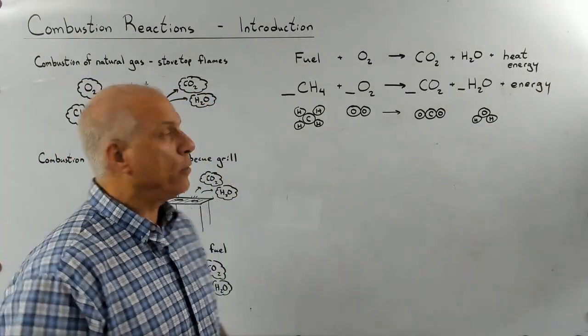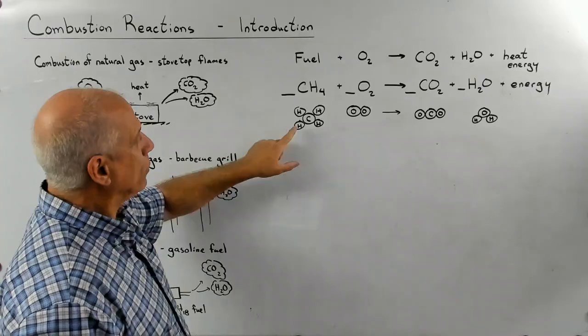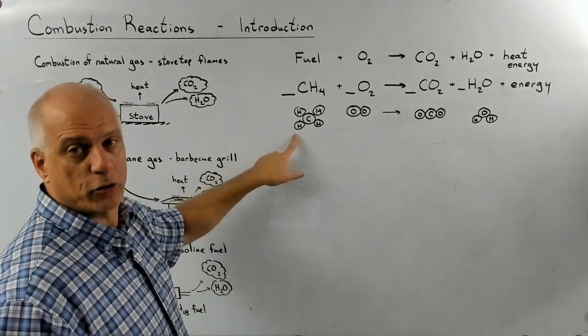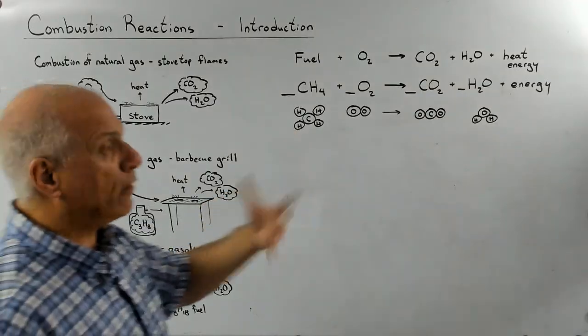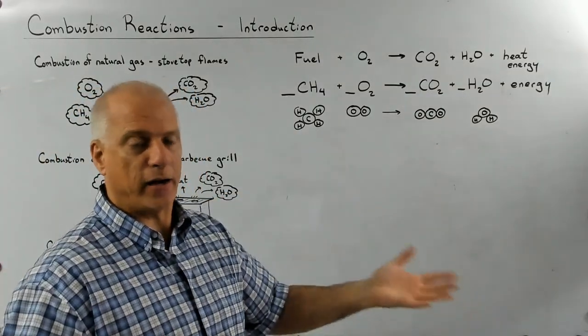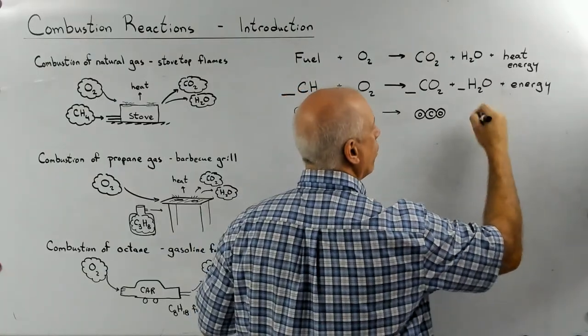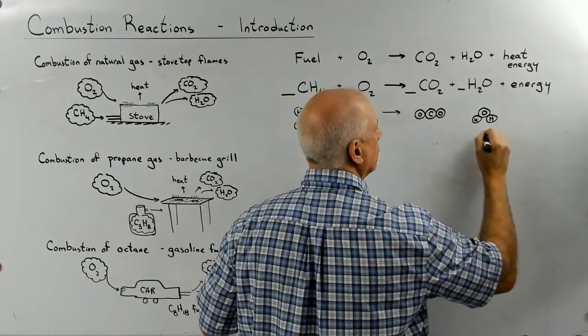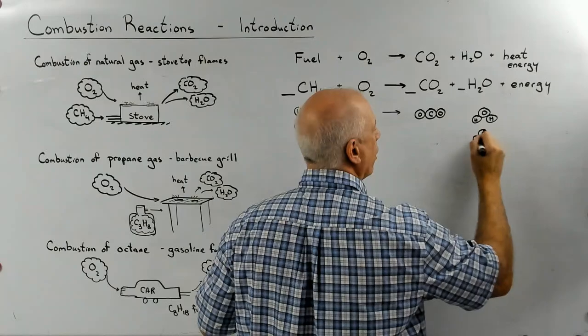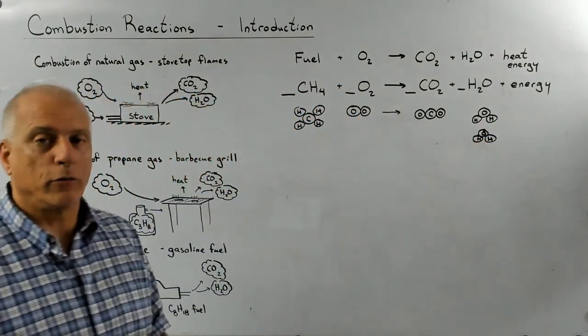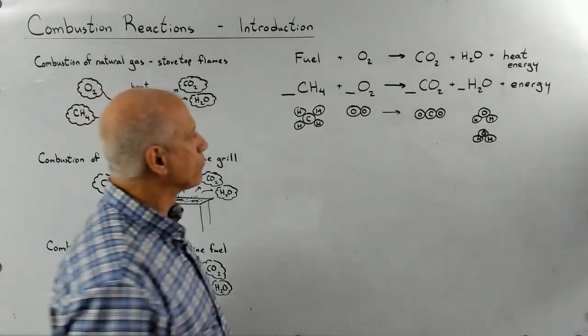I have a total of four hydrogen atoms in my original molecule, so I'm going to end up with four hydrogen atoms. But over here, there are only two hydrogen atoms. So I need to draw another molecule of water, another H2O, that way I didn't lose any hydrogen atoms.